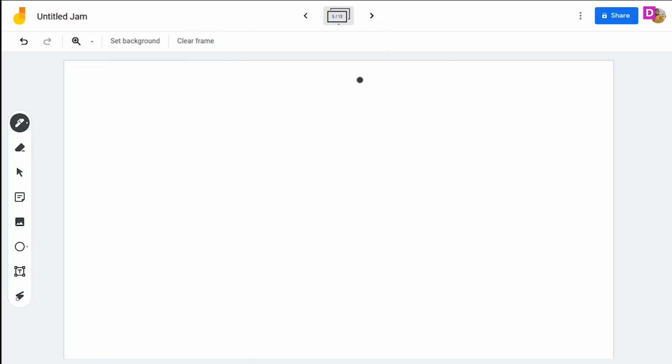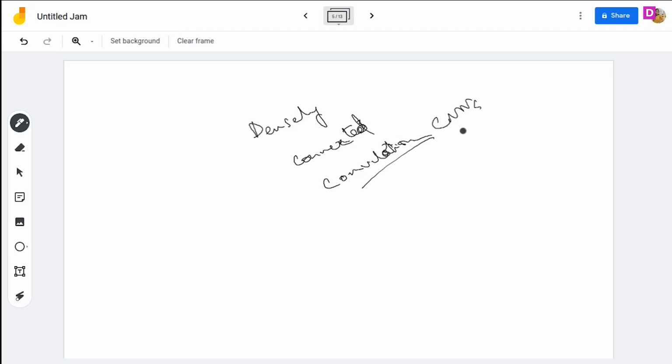And then there is also one more known as densely connected convolutions. Densely connected CNNs are basically residual blocks that are added to CNNs. This is not that important, so I did not put any picture on display.